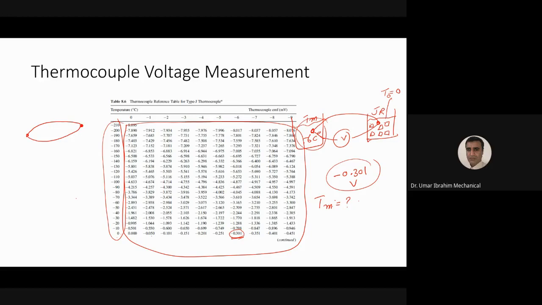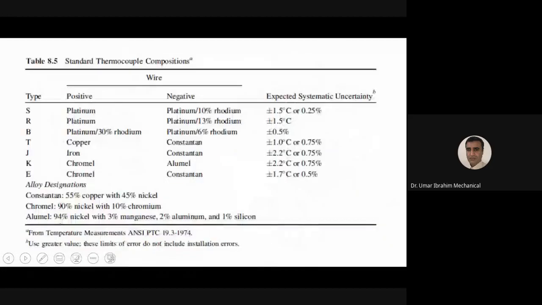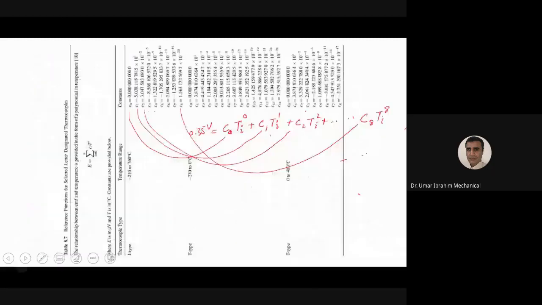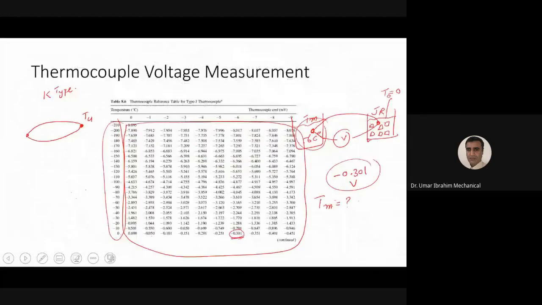And let's suppose this is t unknown that we want to measure, and let's suppose it's a K-type thermocouple. K-type. If it's a K-type thermocouple, then one of the materials is chromel, the other one is alumel. No, let's not use the K-type thermocouple, because every thermocouple has its own thermocouple table. Since right now in the slides we only have the J-type thermocouple table, I will use the J-type thermocouple. Okay.